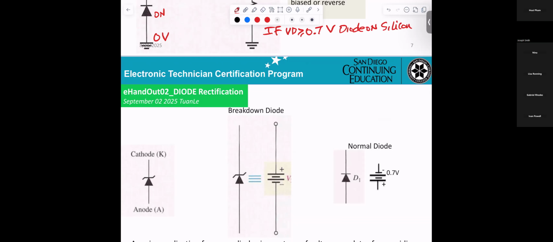And VD greater than or equal to 0.3 volt, diode on, for the germanium diode.